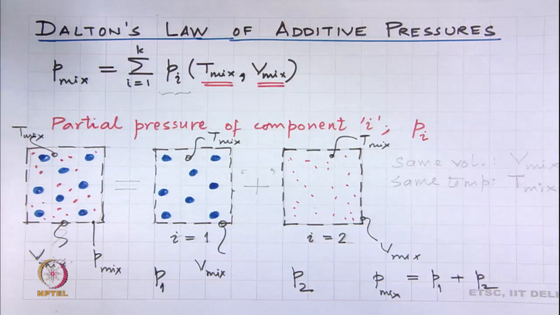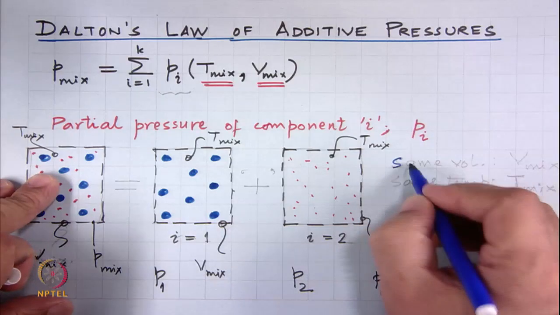So, what we have done to what we have already learnt in school is added a condition that partial pressure is the pressure exerted by the species if it were to occupy by itself the same volume as that of the mixture and be at the same temperature as that of the mixture.